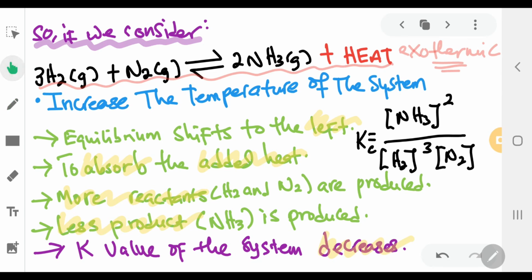When you increased the temperature just now, you provided more heat to the system, so the heat increased and the system was no longer in equilibrium.